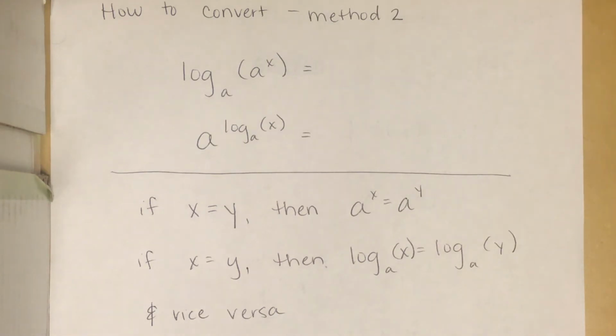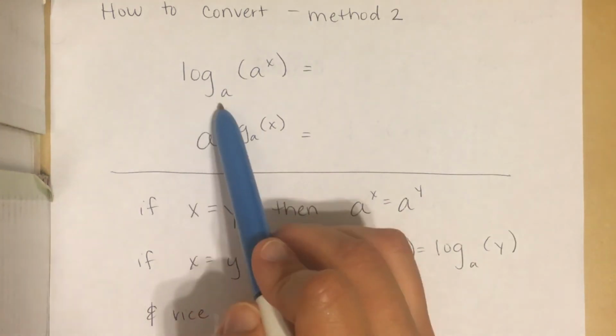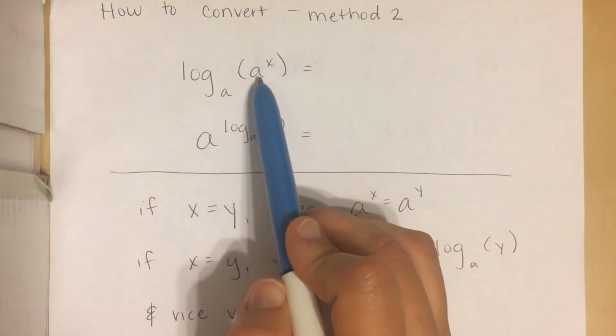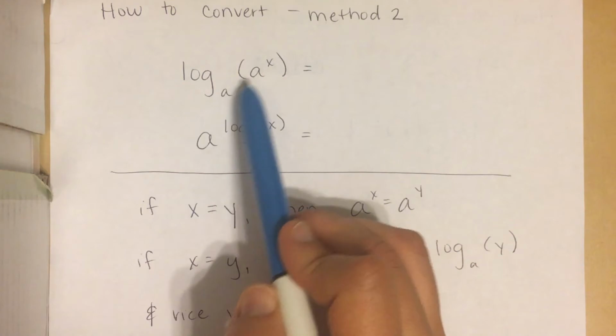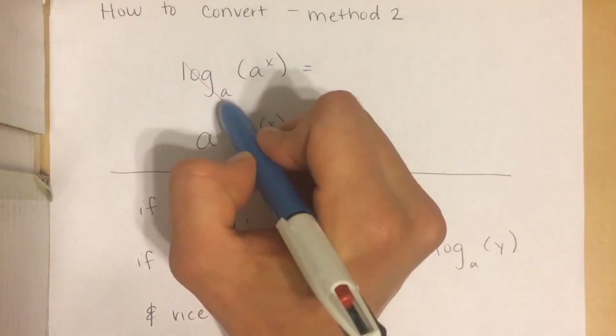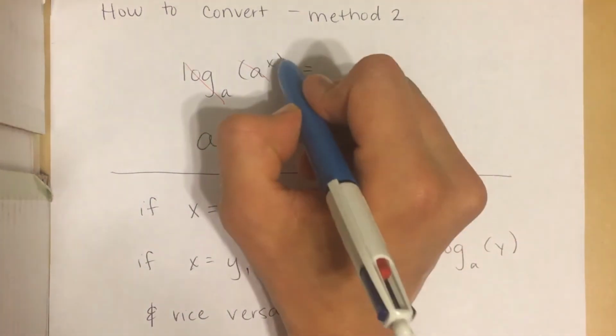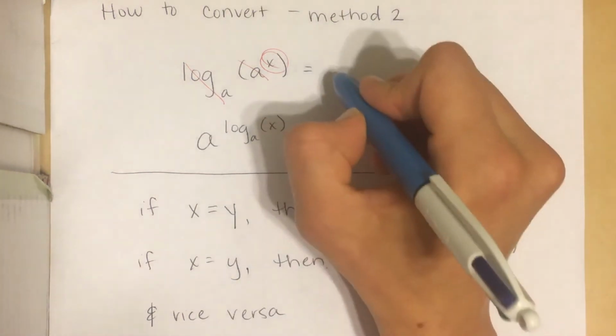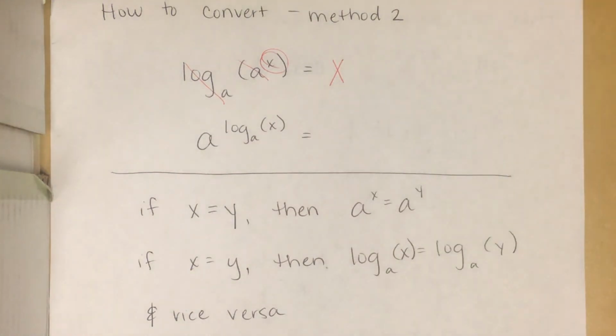This uses another property of logs that we don't talk about a ton. If you have a log and inside your logarithm is an exponent, if they have the same bases, then these two cancel each other out, and it's just whatever number or expression you have as your exponent that is your answer.